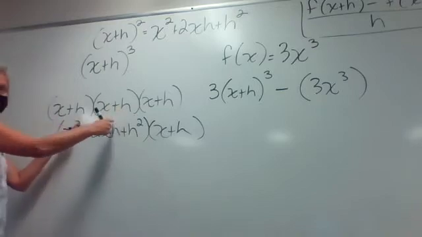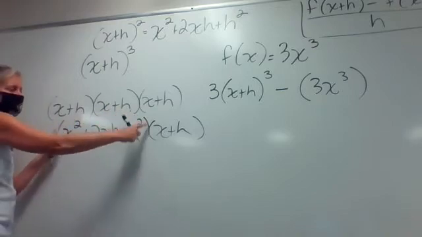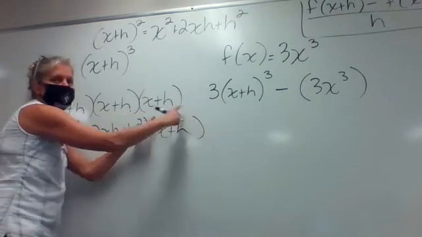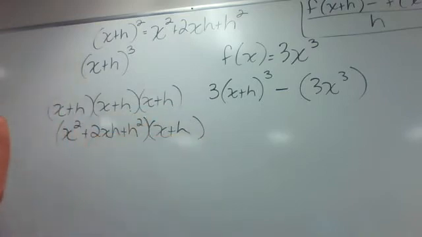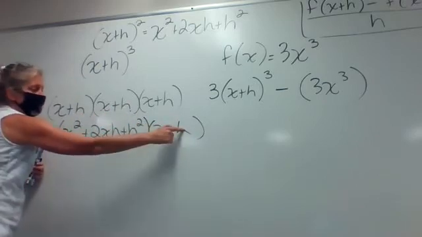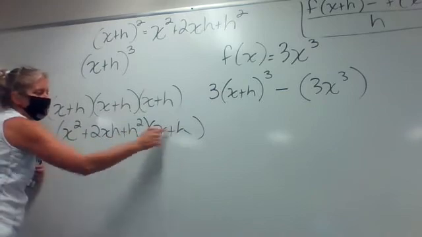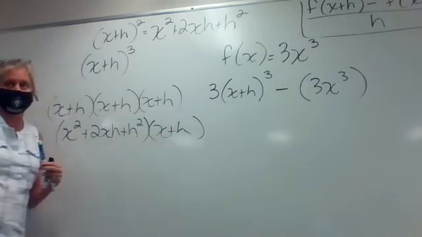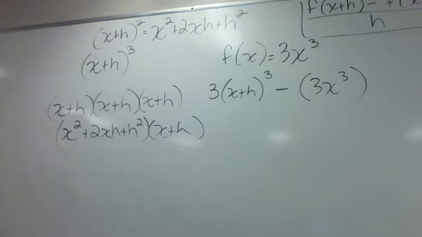So that took care of multiplying those together, but now I have to multiply this times that last x plus h, which means everything in the front parentheses distributes to both of those terms in the last parenthesis. But remember, you're just going to do it once and then you're going to save it.